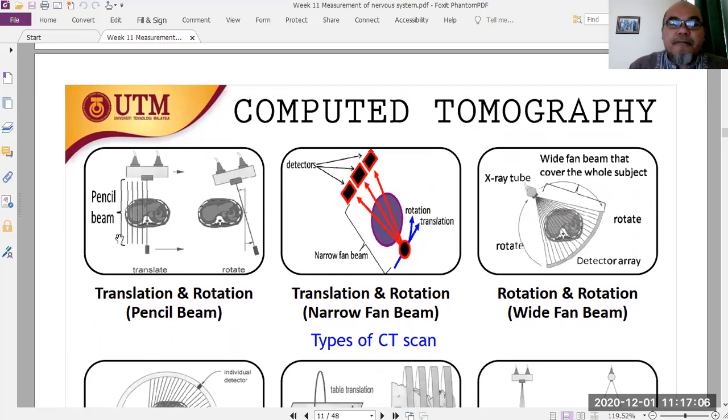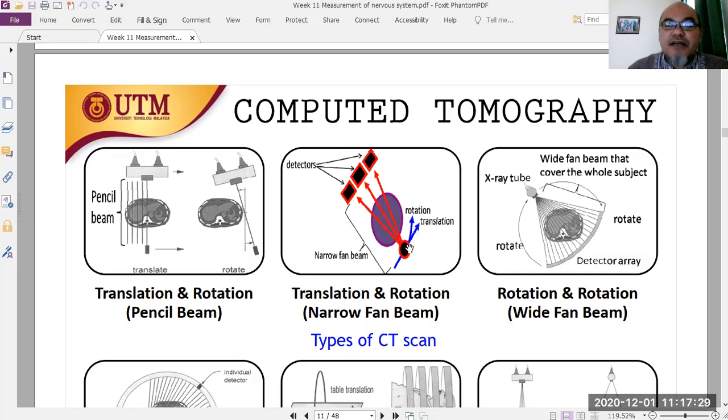Then this is the translation and rotation principle using a pencil beam X-ray, detected at the other side. When it rotates like this, at different angles it will obtain different images based on the projection at that angle.